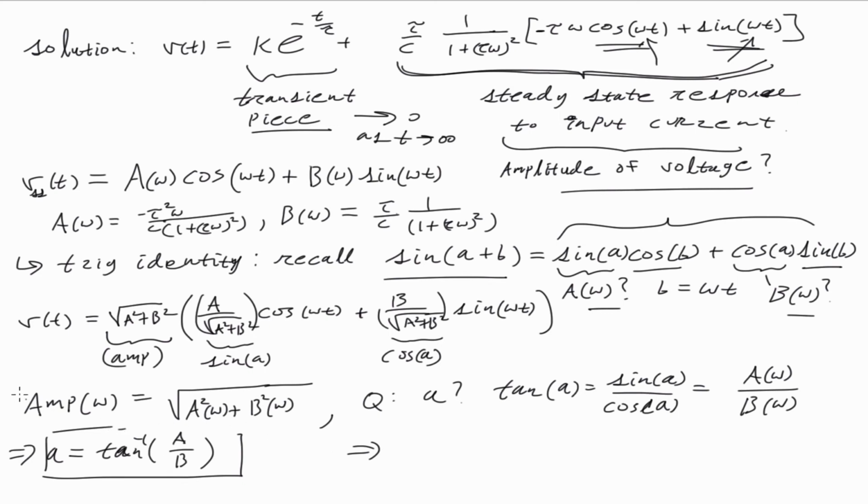Okay, so this A represents a phase shift of the system, and that of course represents the amplitude. So let's see if we can put this all together, and I'll put this on a different page now. So what we're going to have here is V of t is equal to A omega times cosine omega t plus B omega times sine omega t.